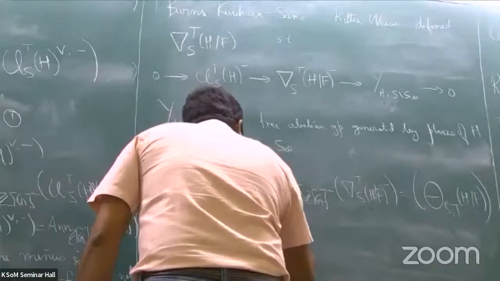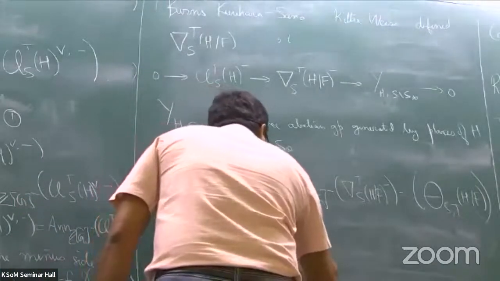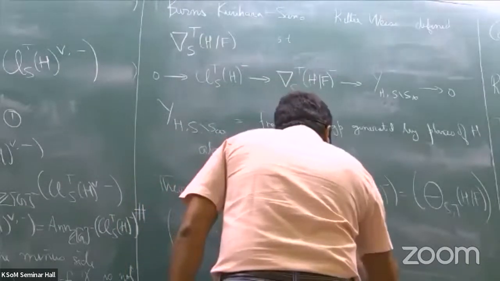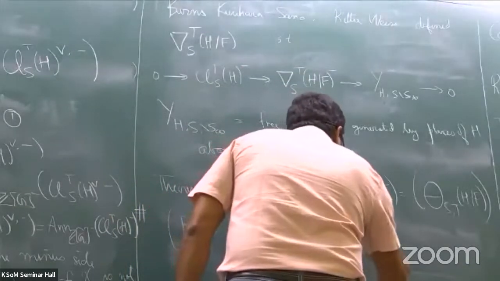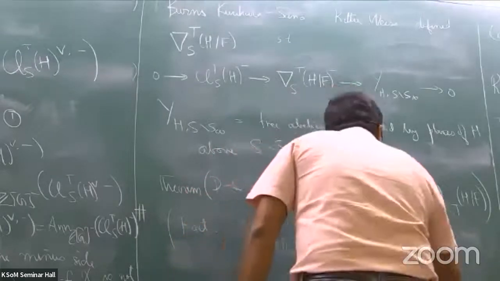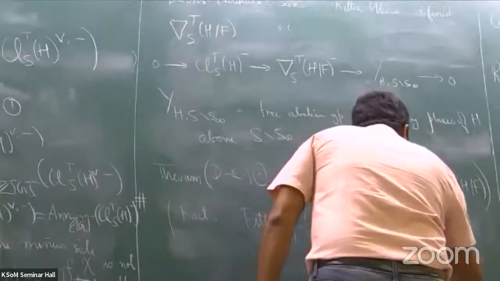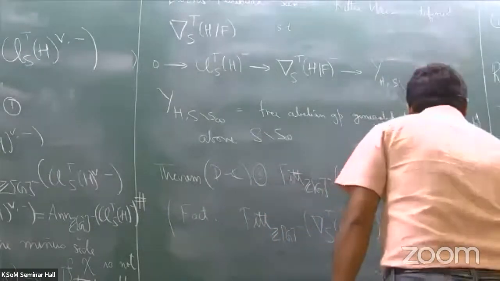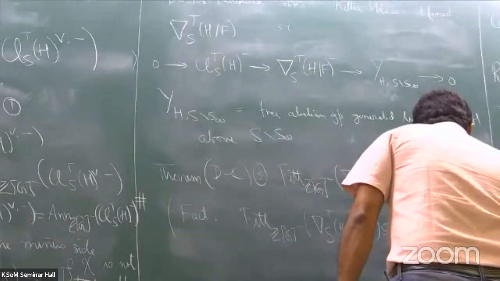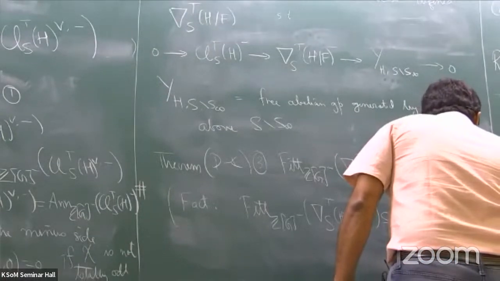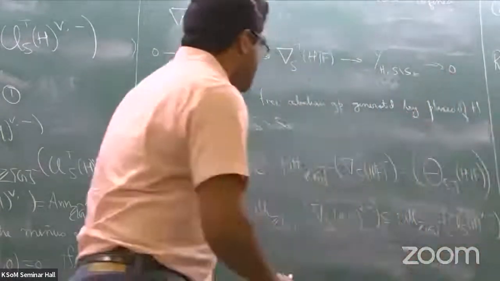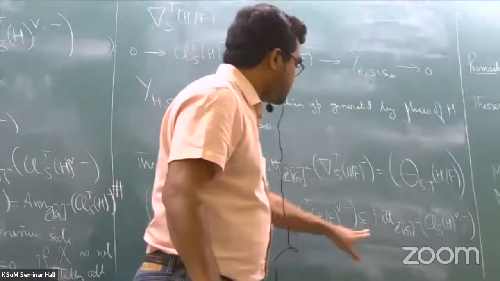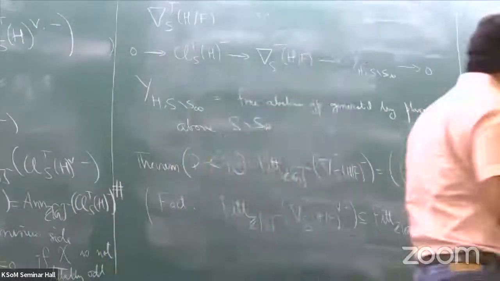So the fitting ideal over ZG minus of this quadratic dual is contained in the fitting ideal over ZG minus of CLTS. So you will know that theta belongs to this, and so it is contained in this as well.